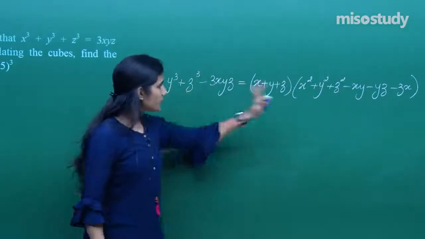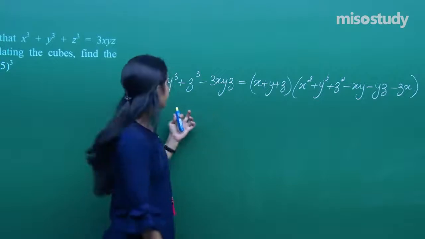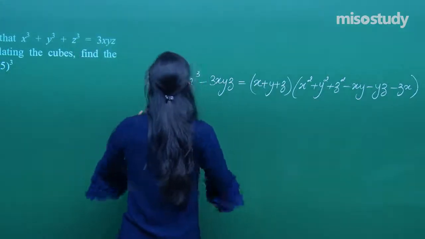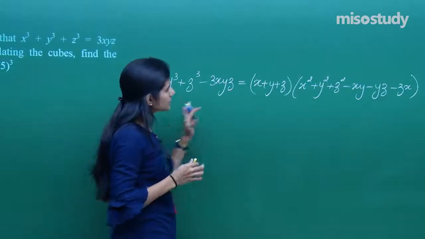We are well versed with this expansion, right? Now why did I write this? Because it is connecting us to what we want to show. x cube is there, y cube is there, z cube is there, 3xyz is there. This is something that we know.